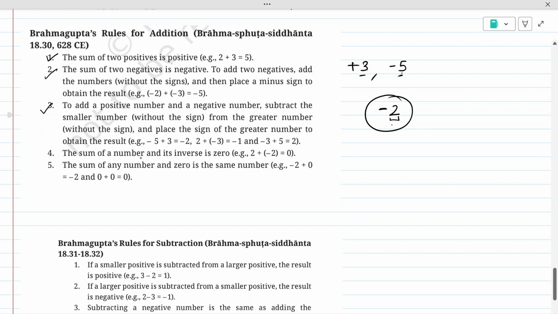The sum of a number and its inverse is 0. We have done this in zero pairs also: a plus 2 and a minus 2 will always give us 0. Any number, plus 5, minus 5 will give us 0, right? The sum of any number and 0 is the same number. This is for addition.